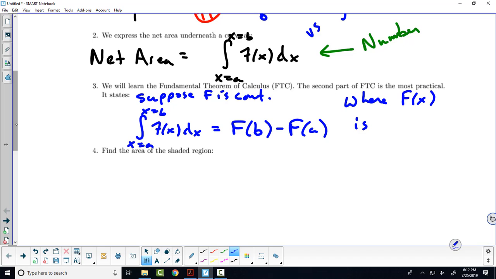And this part's a little bit tricky, we'll talk about this. Capital F of x is any antiderivative of f of x.